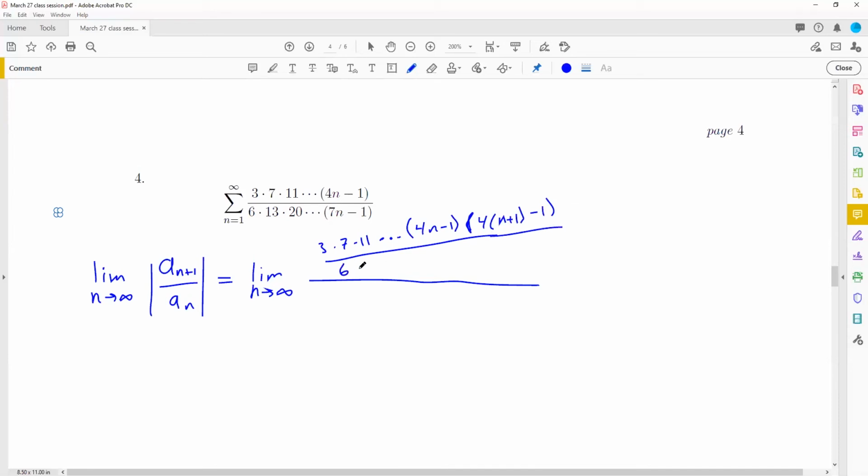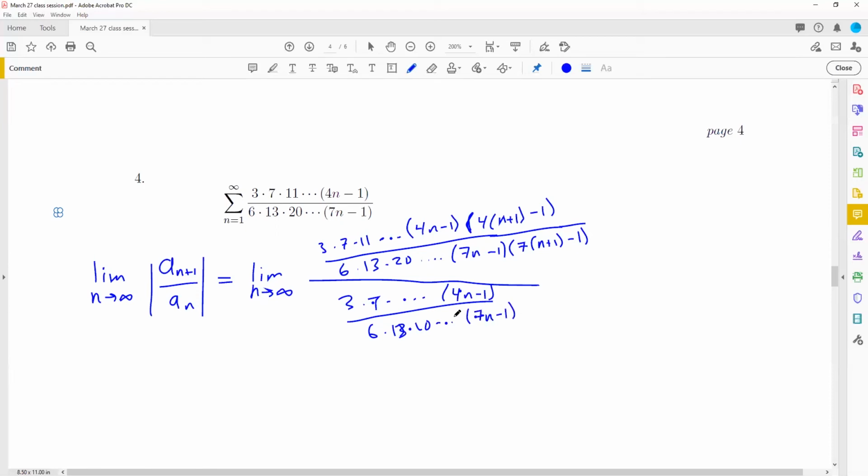And then down here, you're going to have 6, 13, 20, and then all the way up to 7n minus 1 times 7 times n plus 1 minus 1. And then down here, you're going to have 3, 7, 11, all the way up to 4n minus 1. And you're going to have 6, 13, 20, all the way up to 7n minus 1.